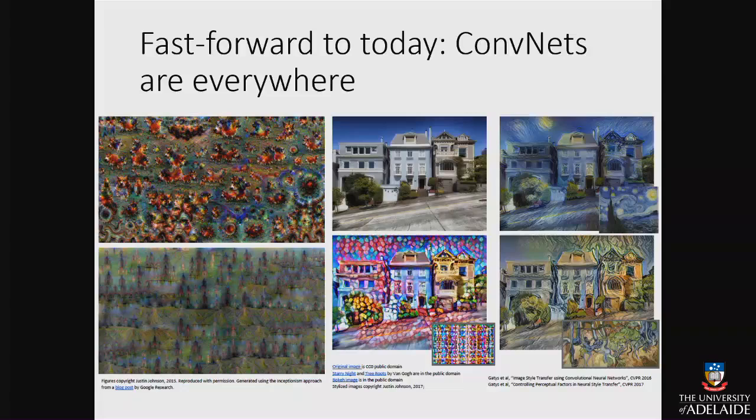Convolutional neural networks are also used in the art area. These paintings are actually drawn by neural networks, right? I know that some people are trying to sell those neural network generated images, and the price is very high. Actually, it's very expensive.